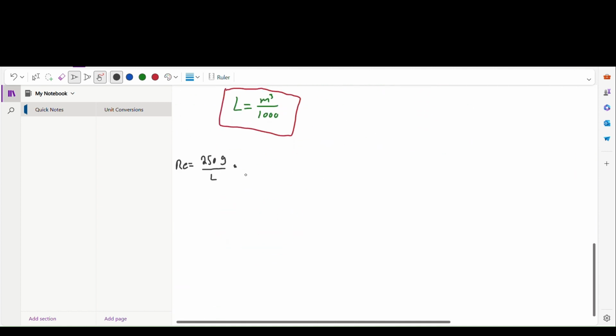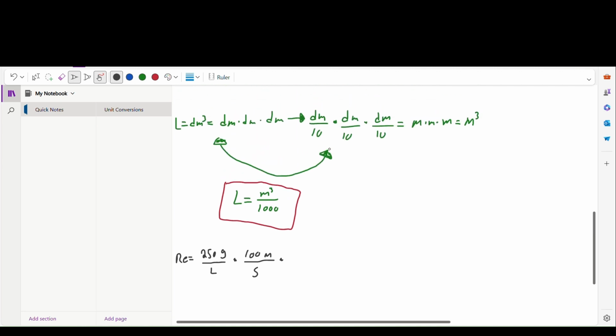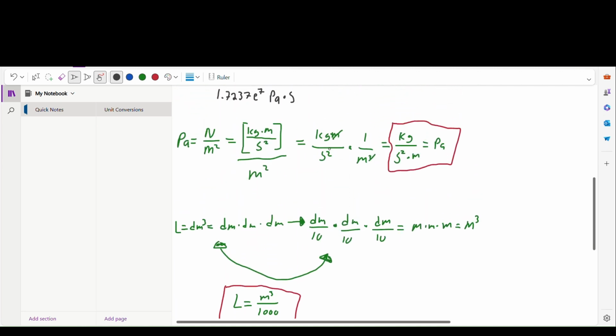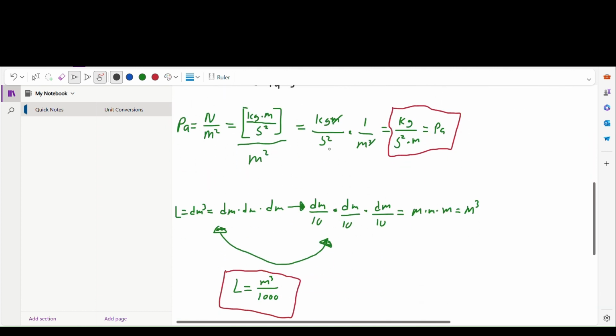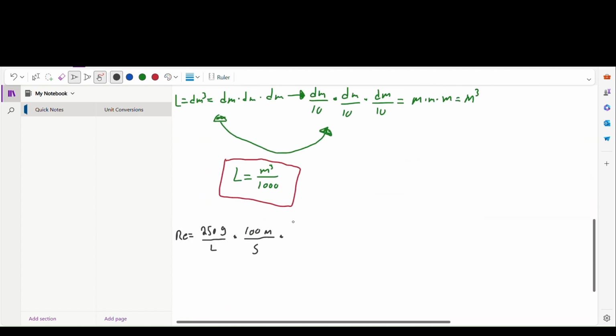Yeah. 100 meters per second multiplied by 0.3048 meters.